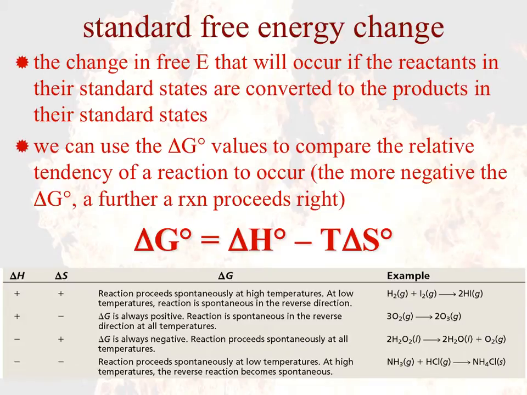We can use these delta G naught values to compare the relative tendency of a reaction to occur. So still with the same thought process, the more negative the delta G naught, the more spontaneous your reaction is going to be. In that same thought process, the delta H and delta S values are going to impact the reaction in the same way that we discussed in the previous slide.